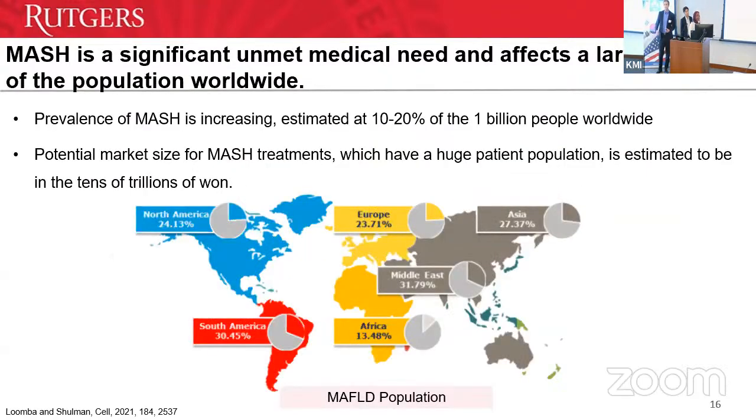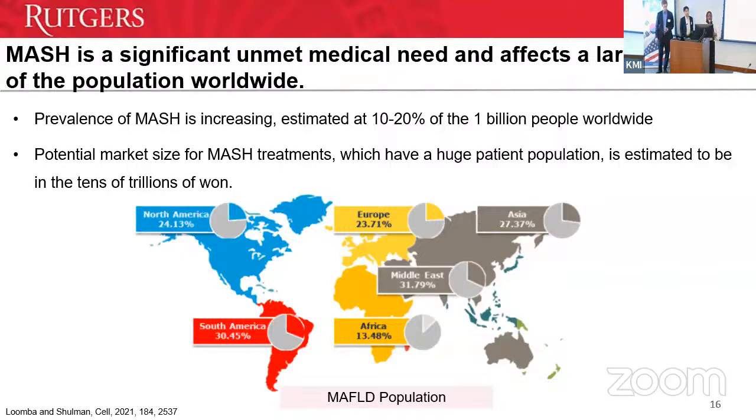And then why MASH as a disease state when there's so many other very prevalent disease states? It's because there's a huge, significant unmet need globally. It affects a large proportion of the population, and with its increasing prevalence, of about one out of 10 people worldwide, 10 to 20% of them will be diagnosed with MASH.